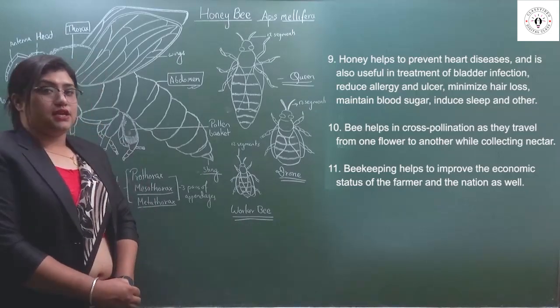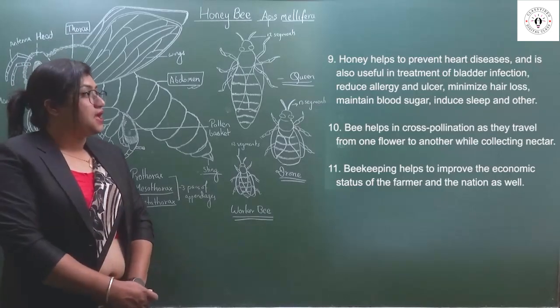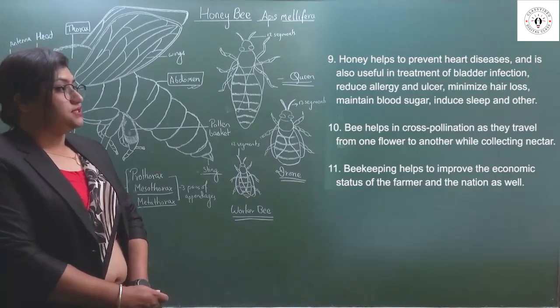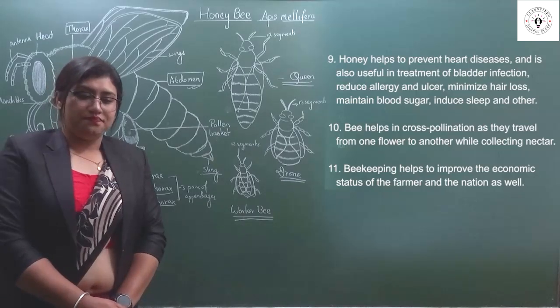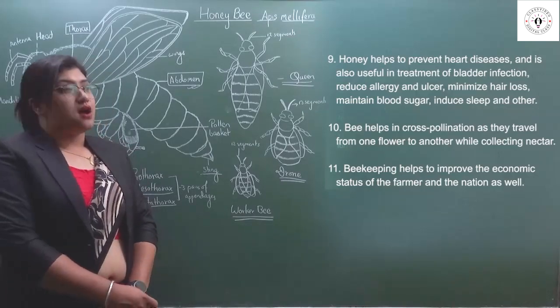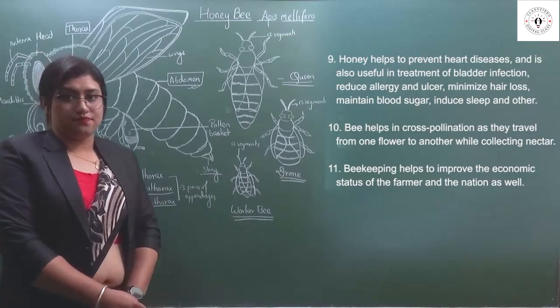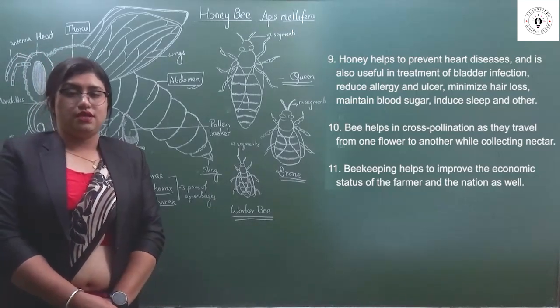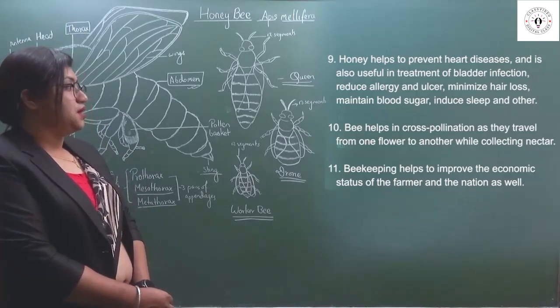That honey will reduce the effect of the sting. That is why it also reduces allergies. Next, it also reduces ulcers, helps in minimizing hair loss, maintains blood sugar, and helps in inducing sleep. So there are so many benefits of honey for our good health.